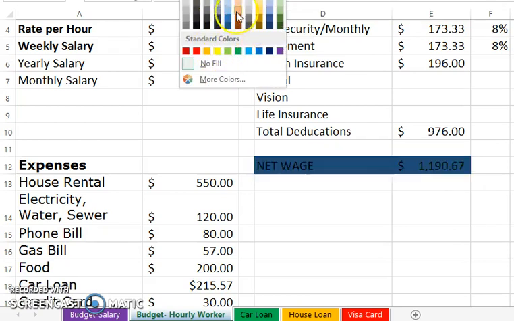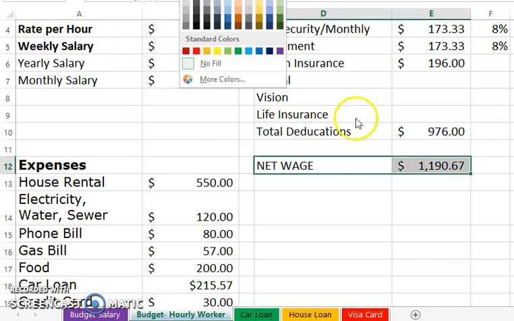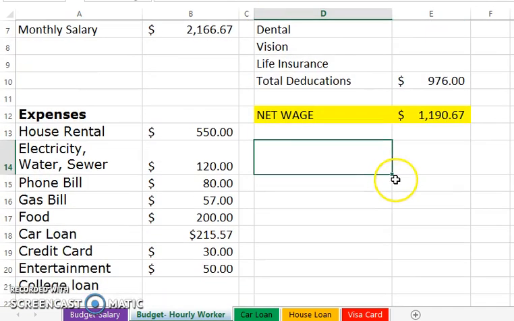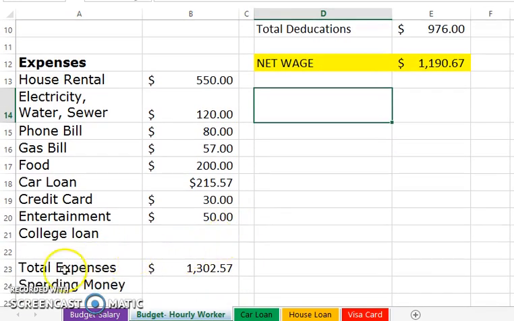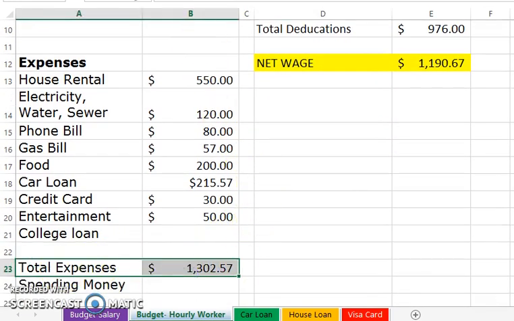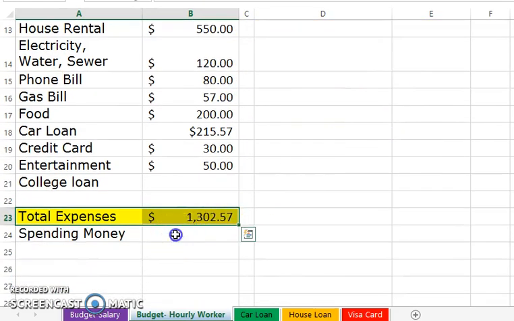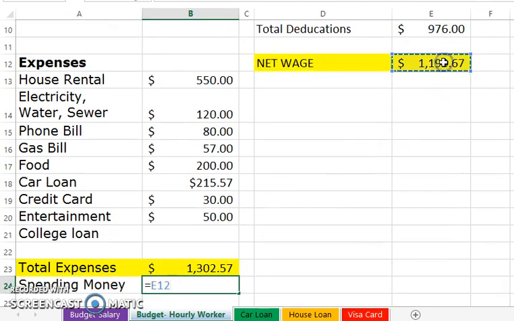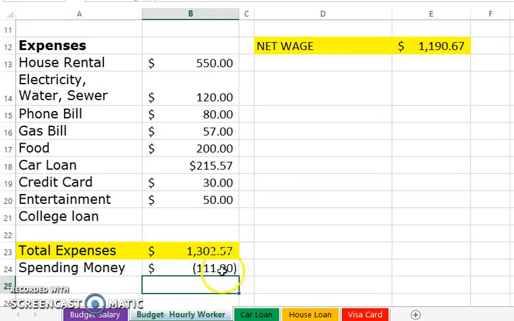Your net wage is going to be $11.90. Whoops, I didn't get that in there. All right. And your total expenses is going to be 13. So spending money is going to equal your net wage minus your total expenses. So you're actually in the hole $111.